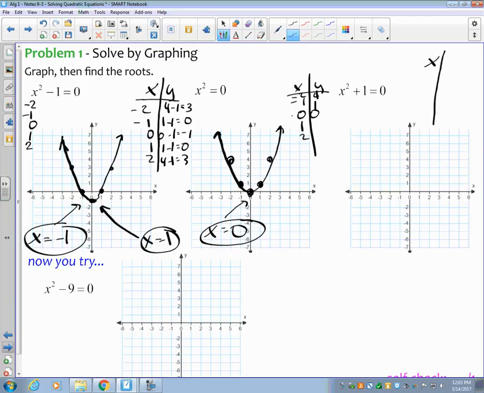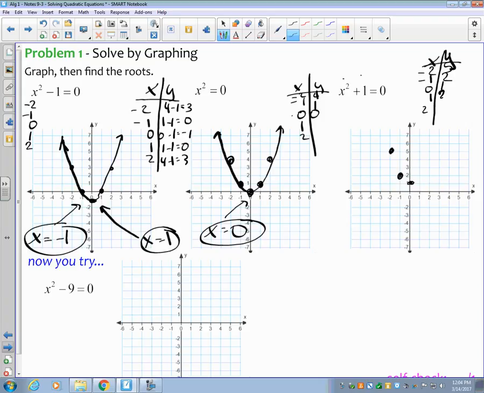So if I make a little xy table, we're going to go -2, -1, 0, 1, 2. -2 squared is 4. 4 plus 1 is 5. -1 squared is 1. 1 plus 1 is 2. 0 squared is 0. 0 plus 1 is 1. 1 squared is 1.